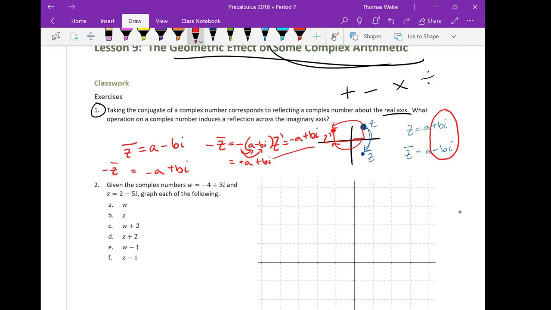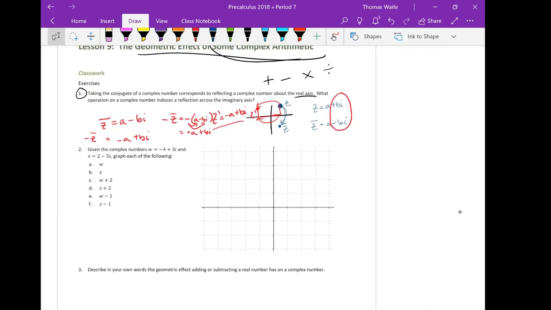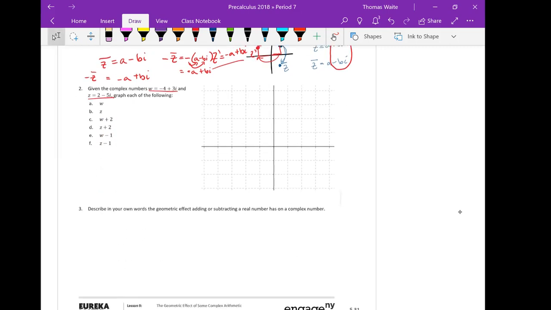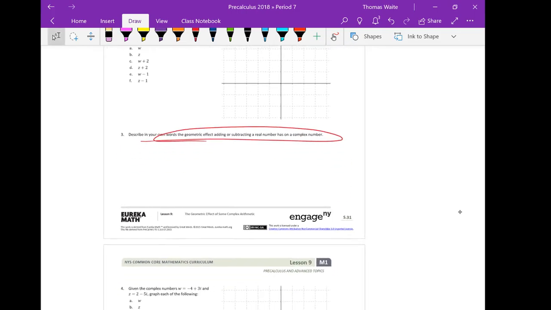All right, so in this lesson, there's basically going to be two things we're looking at. First, we're looking at what happens to complex numbers in a graph when we add or subtract real numbers to them. That's what we're doing in this first one. We want to describe the geometric effect of adding and subtracting those real numbers.